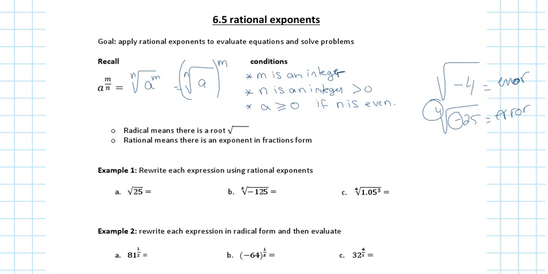So remember this terminology. Radical means the root. Rational means fraction.